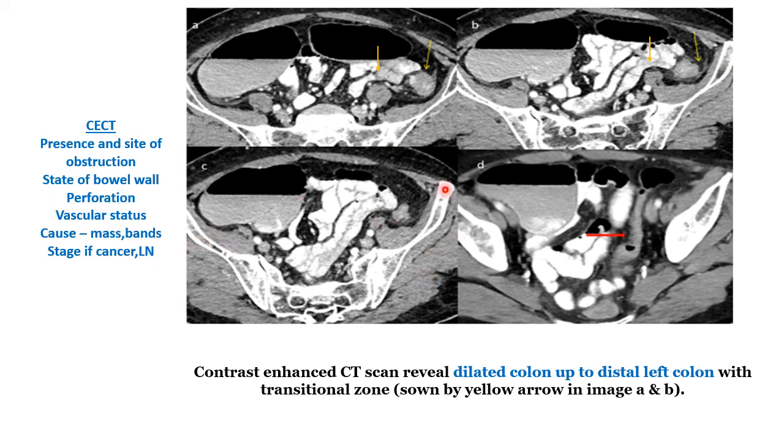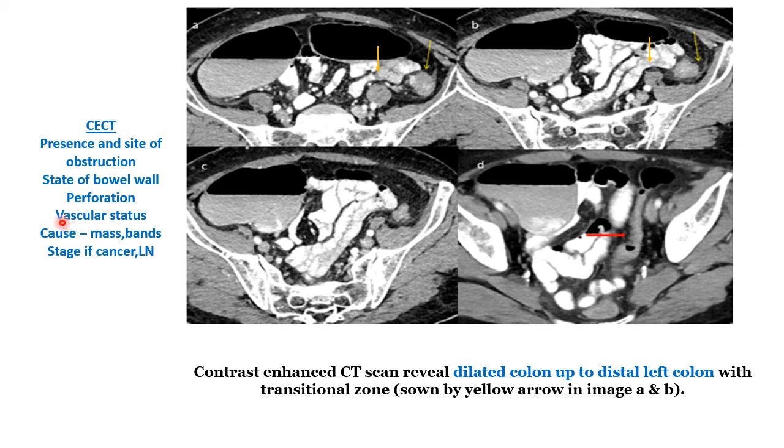In the next slide I'll show you. It can tell you the status of the wall of the distended bowel. Then if there's perforation, it can also detect free air and the site of perforation. It can also give you information about the vascular status by using contrast.